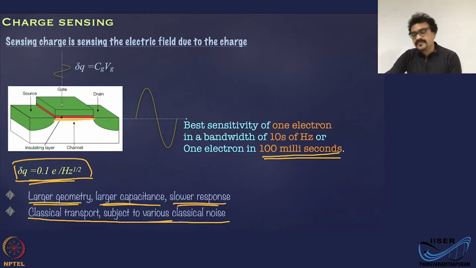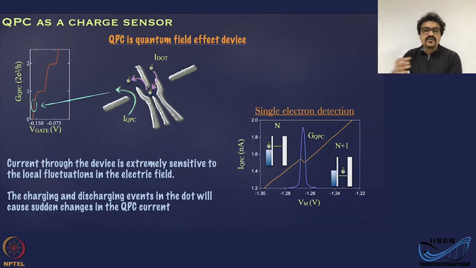Now, what you have in hand to do these measurements is another mesoscopic but field effect device. That's a quantum point contact. What we have learned is the conductance of the quantum point contact exhibits this step-like behavior as a function of the gate voltage.